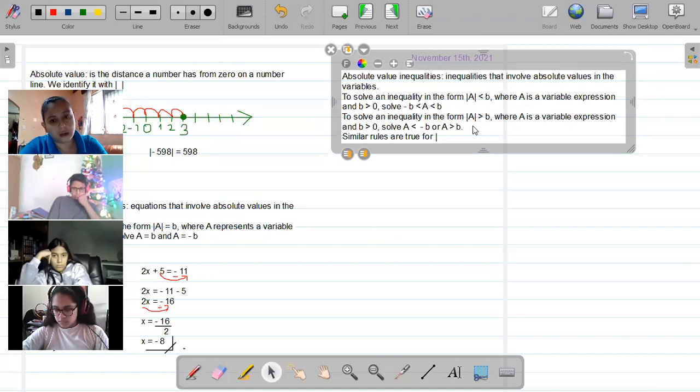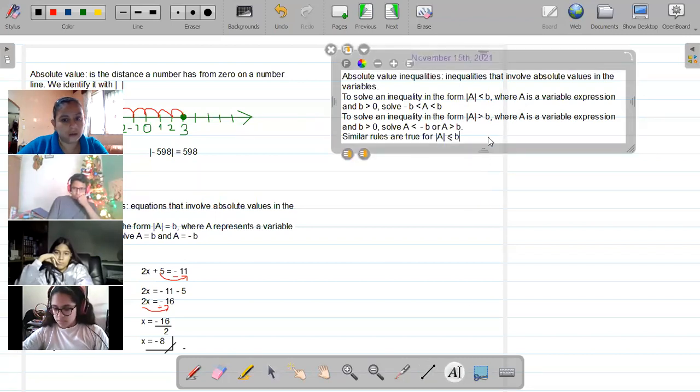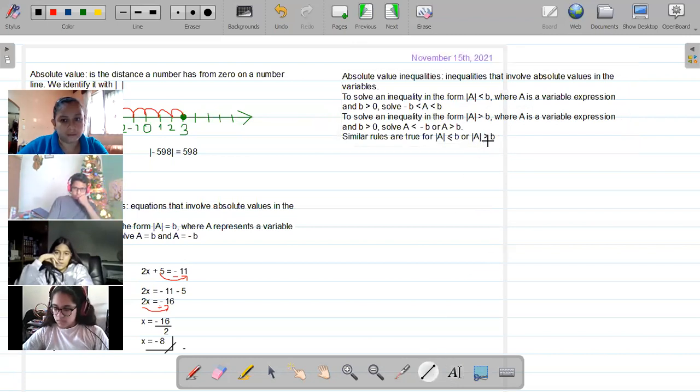For absolute value of A less than or equal to B, or absolute value of A greater than or equal to B. Same rules apply if it's greater than or equal or less than or equal, okay? Questions? Kind of trickier, right?